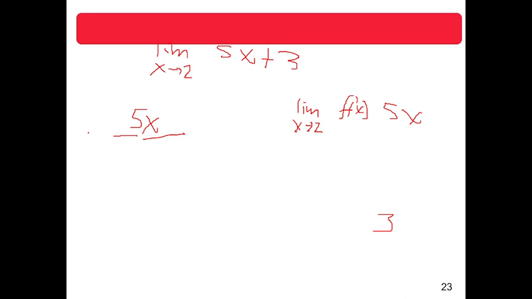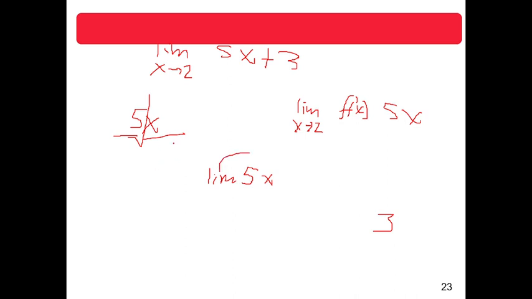Coefficients are constant numbers that are being multiplied to a variable, correct? So coefficients are constant numbers. Therefore, what we could have here are two values. If we are going to find the limit of 5x, it is as simple as the limit of 5x, correct?